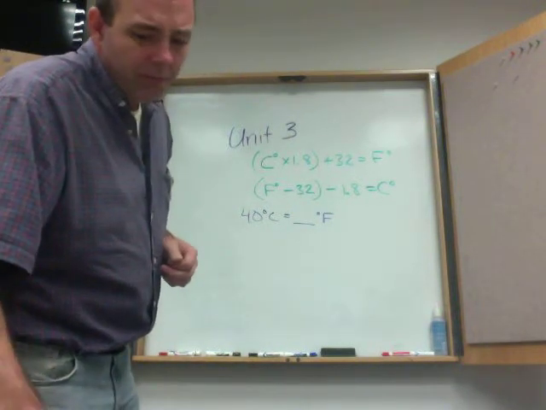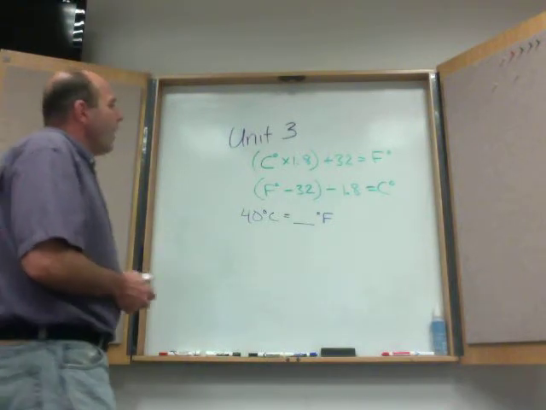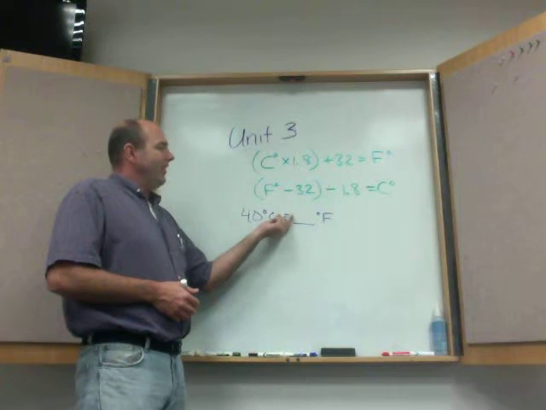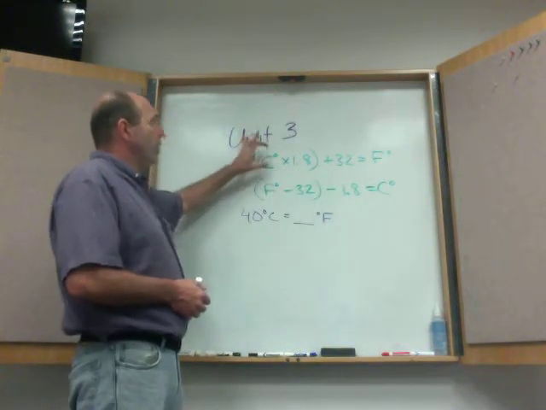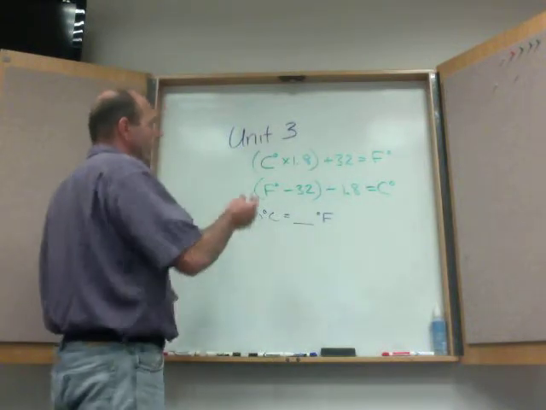Well, I'm going from Celsius to Fahrenheit, and it's kind of easy to see because this is the equal Fahrenheit. So I'm going to use this one here because this gives me the Celsius, and I'm going to convert it to Fahrenheit.